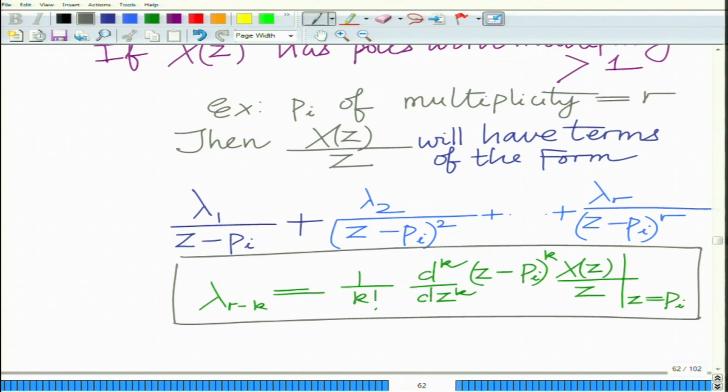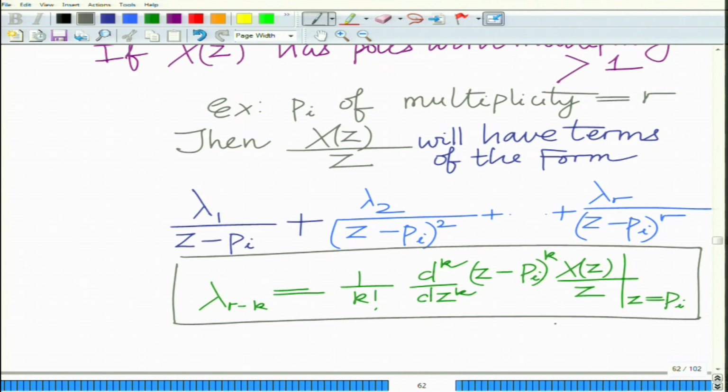So, we have lambda1 over (z minus pi), lambda2 over (z minus pi) squared, and so forth, lambda R over (z minus pi) raised to the power of R. The coefficient lambda(R minus k) is 1 over k factorial times the kth derivative of (z minus pi) raised to k into X(z) over z, evaluated at z equal to pi.